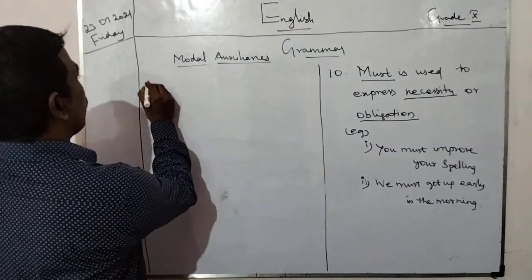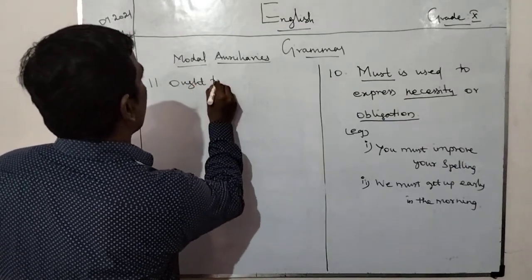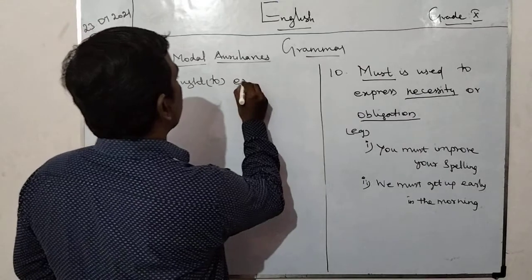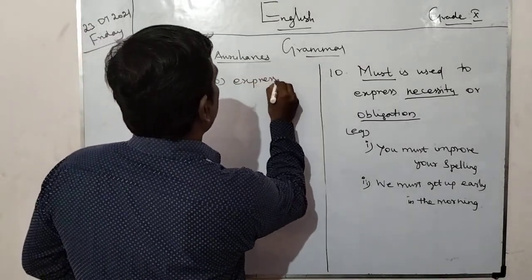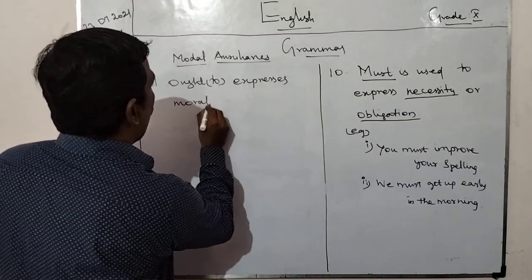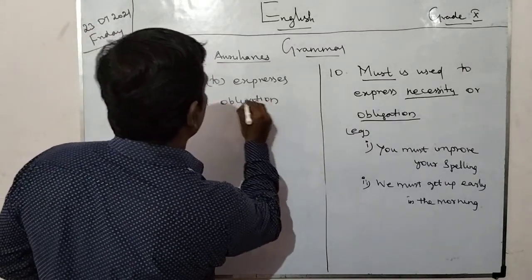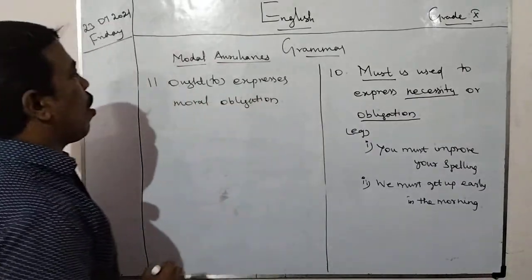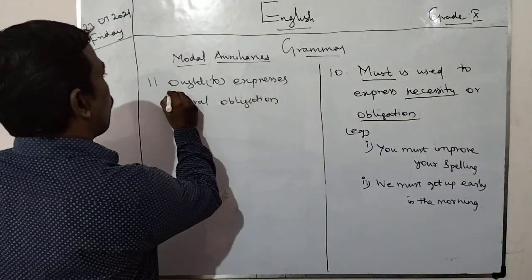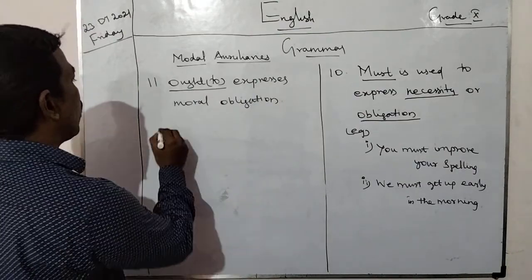The next one is ought to. Ought to expresses moral obligation. Ought, O-U-G-H-T, ought to expresses moral obligation.